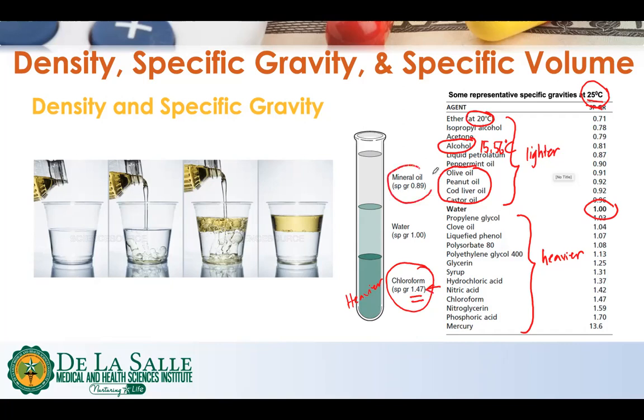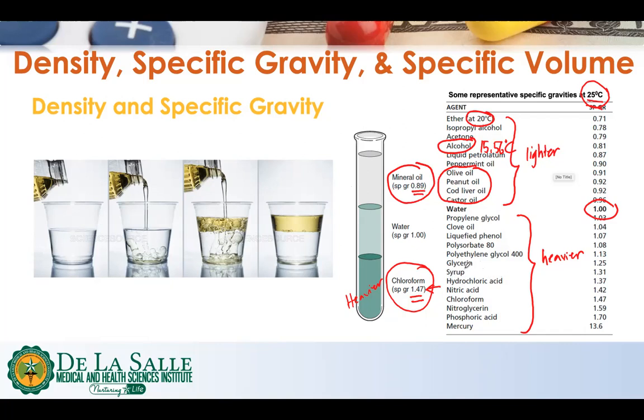On the other hand, mineral oil, which is basically the component of your baby oil or rubbing oil, has a specific gravity less than 1, so it floats on top of water. Now, the presence of solutes in solutions will also increase the specific gravity of the solution, especially when the solute by itself has a specific gravity that is greater than 1.